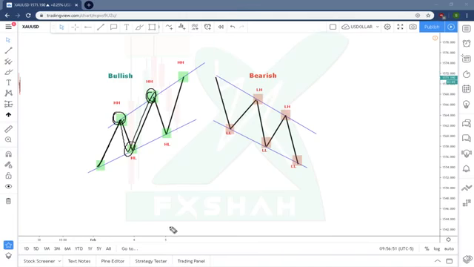So we will wait for a retracement in this area, which can be a support or a zone. We will wait for the price to retrace back to this area which was touched by the trend line.